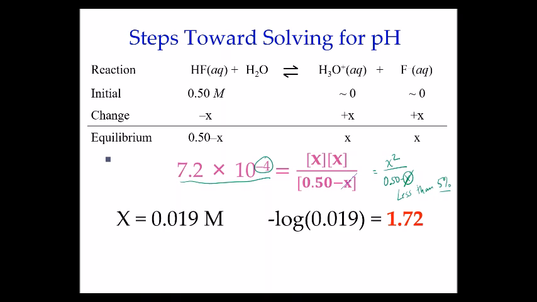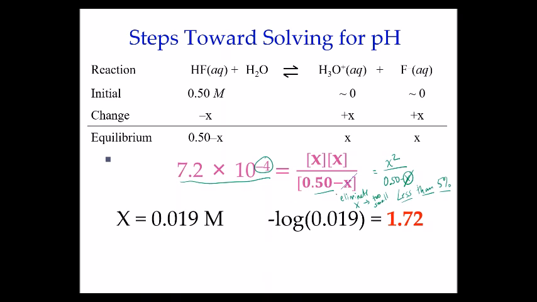And if you can eliminate x, it's because it's negligible, too small to affect the 0.5 number. You are allowed to do it if it falls within that 5%. Okay, and I'll show you how to check that in just a second.